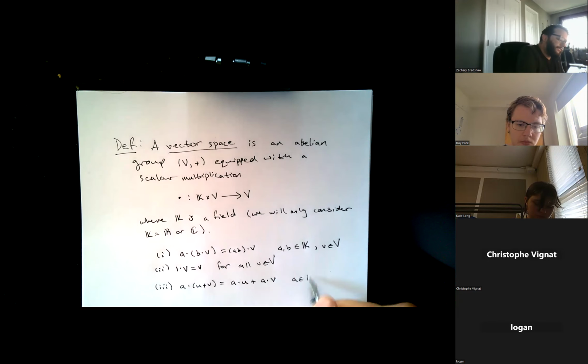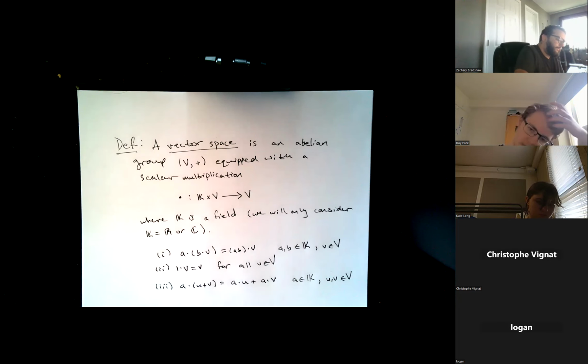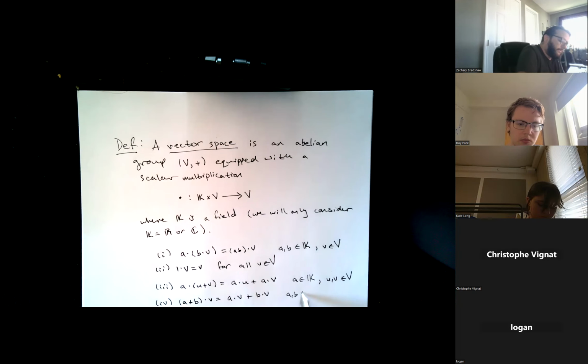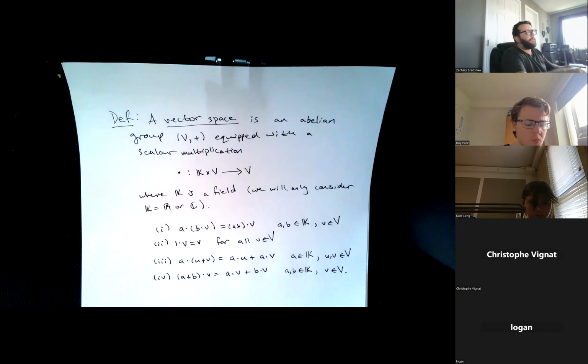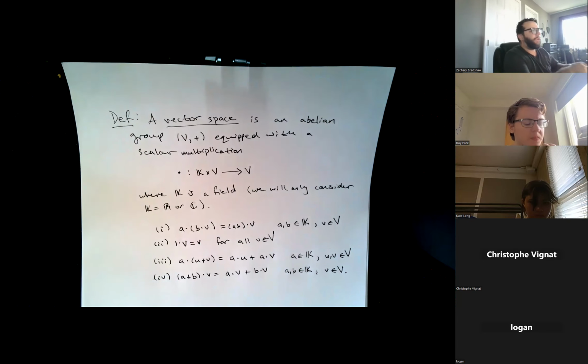So again, a is in K and u and v are in V. And finally, we need to be able to distribute the other way. Okay, so a vector space is a group with this extra operation that allows you to do pretty much everything you would want to do, other than multiply vectors.